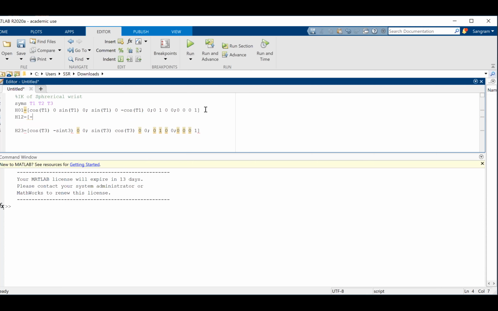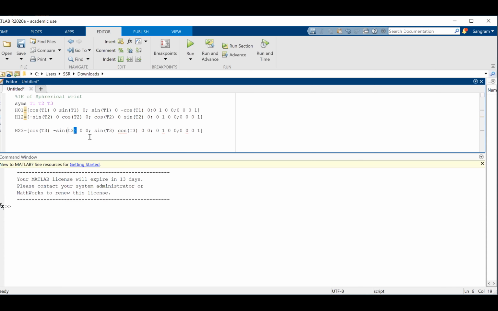H12 is minus sine T2, 0, cosine T2, 0, cosine T2, 0, sine T2, 0. Then I have 0 1 0 0, and then I have 0 0 0 1. Okay, let me see if I made any mistake here.